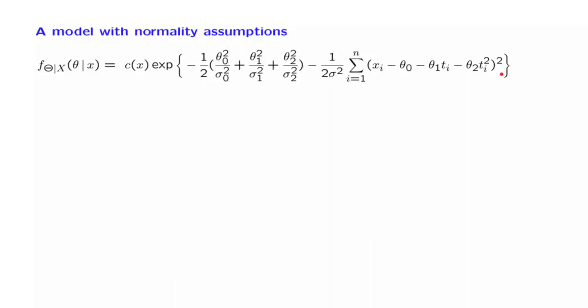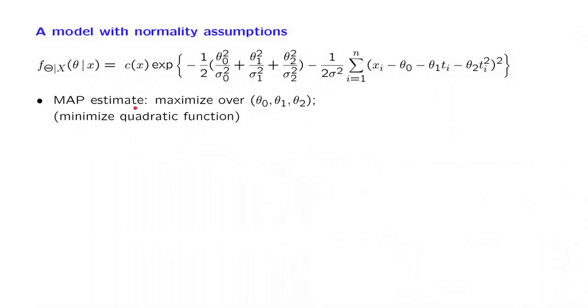How should we now estimate theta if we wish to derive a point estimate? A natural process is to look for the maximum a posteriori probability estimate, which will maximize this expression over theta, find a set of theta parameters, it's a three-dimensional vector, for which this quantity is largest.